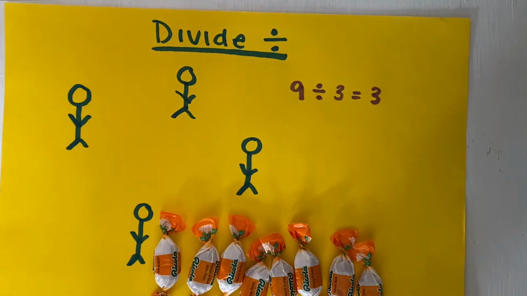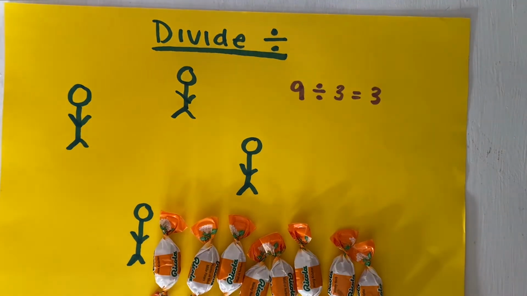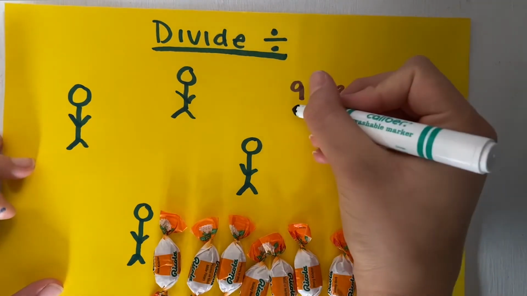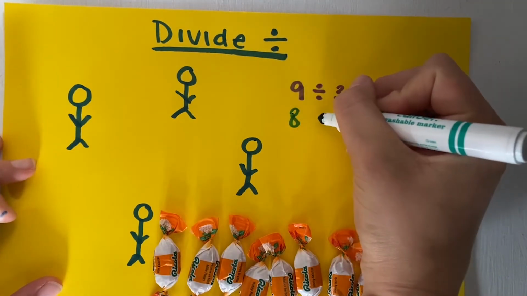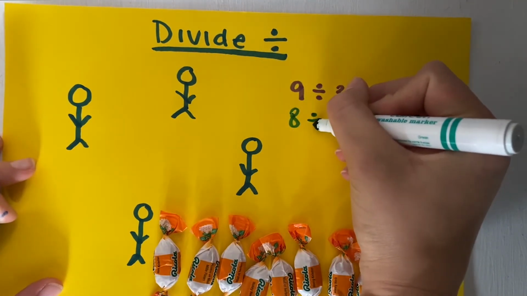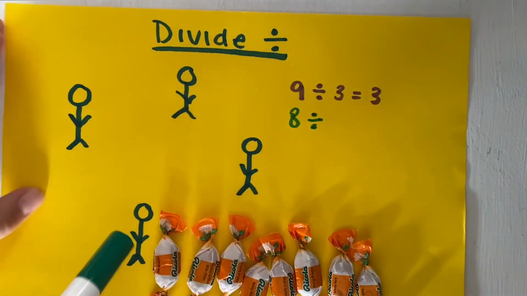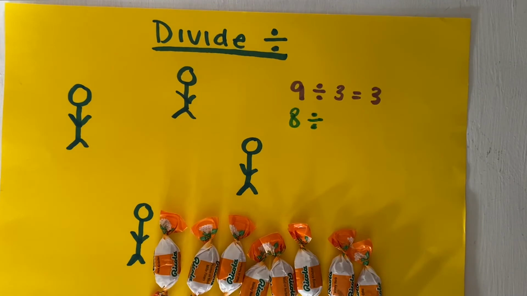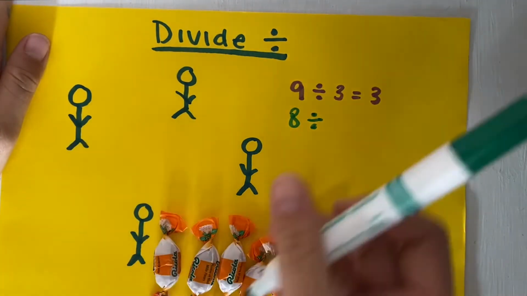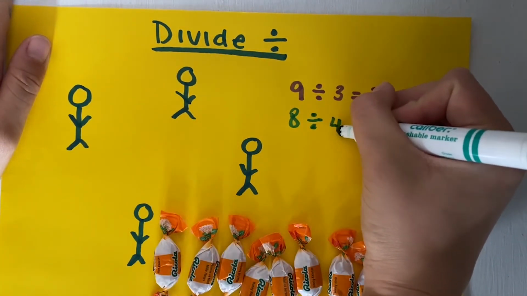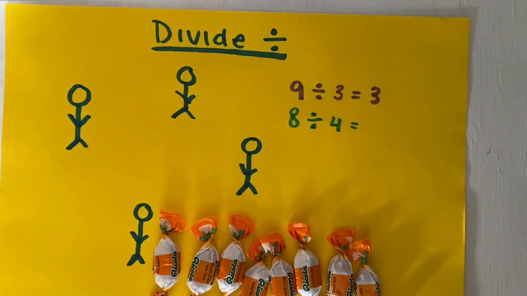But we want to make sure that they get even pieces of candy because we don't want it to be unfair. So we have 8, which means we're going to start with our number of 8. That is how many we're starting with, divided by how many people we are splitting it between, or dividing it between. 1, 2, 3, 4. So 8 divided by 4 equals, and we're going to see.